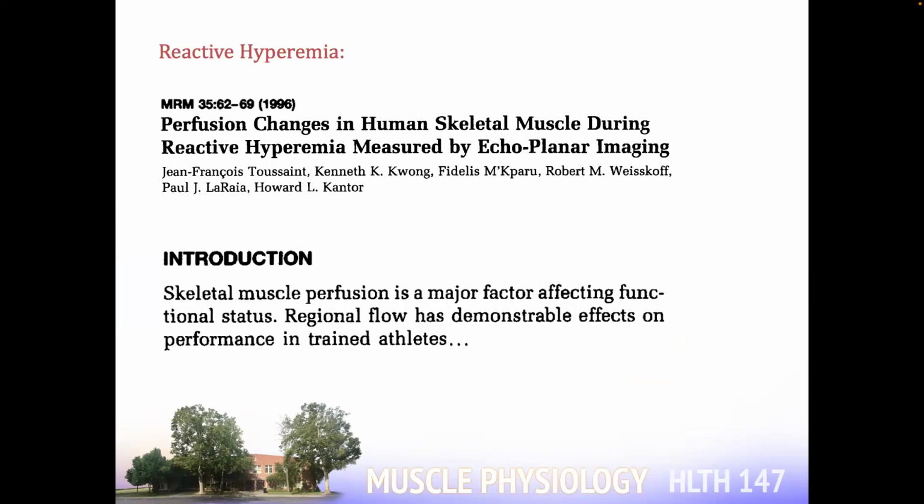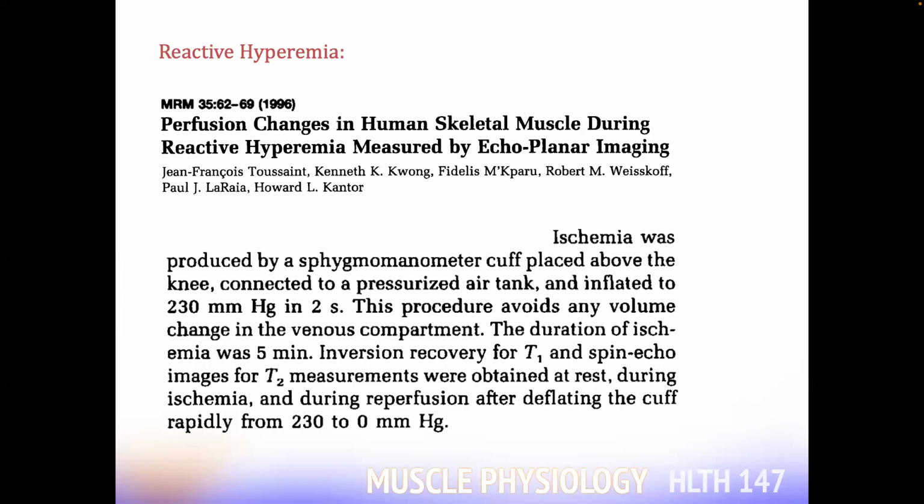So let's talk about reactive hyperemia first. In skeletal muscle, still, reactive hyperemia means you limit blood flow temporarily, you restrict it, and then after a time, you stop restricting it, and it'll rebound or react with an excess. That's reactive hyperemia. So in this study, they looked at 14 subjects.